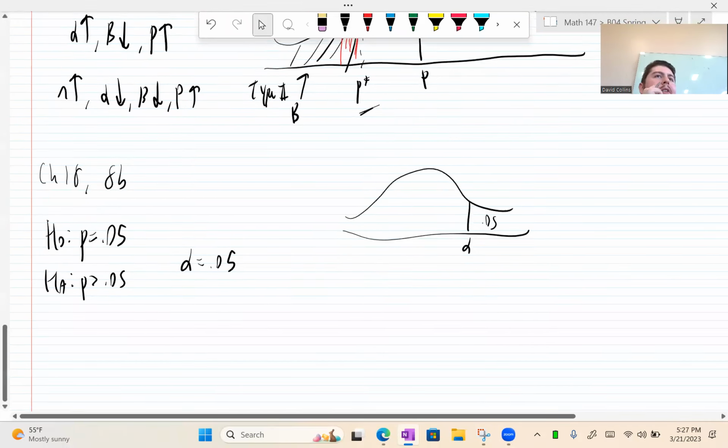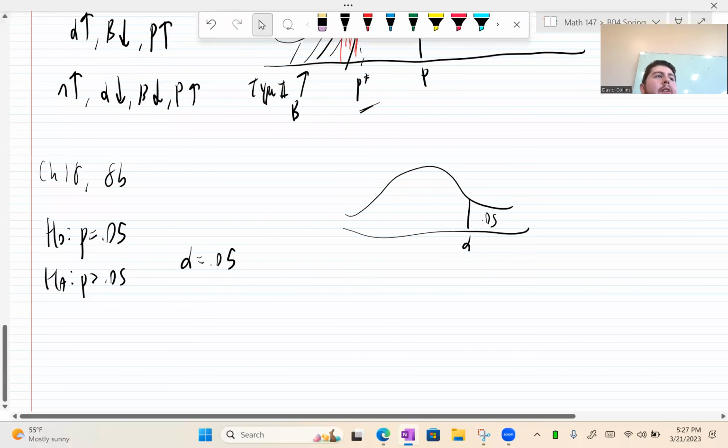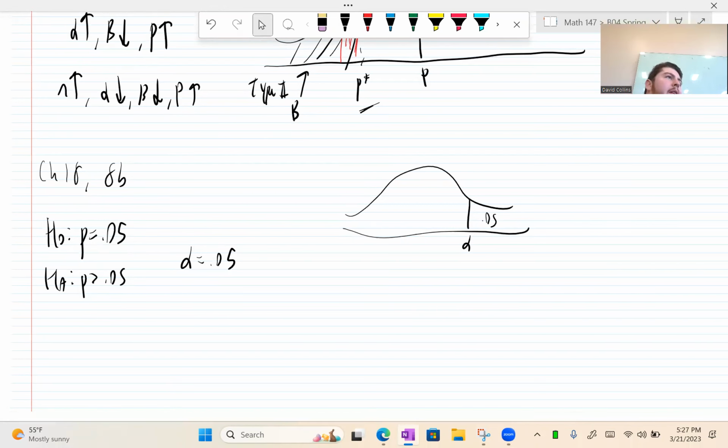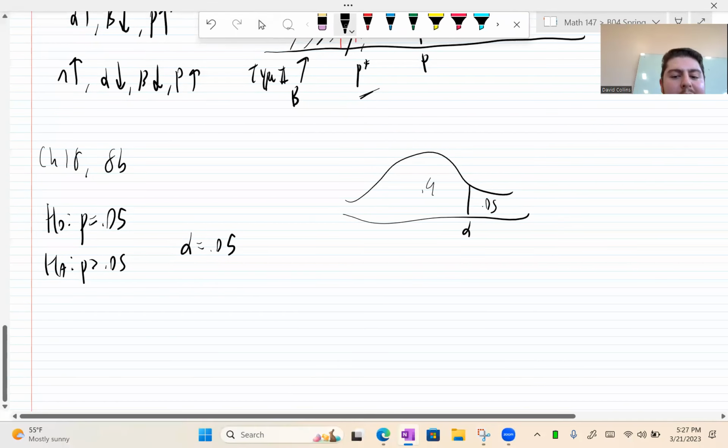Now, here's a trick. Whenever you calculate a z-score, if you go to the negative number, it gives you the p-value. If you go to the positive number, it gives you 1 minus the p-value. So if you have like a z-score of 1.5, when you go to the table, go to negative 1.5. And that's your actual, because p-value should always be a small number. For example, if I go, this area means this area is 0.95, right?